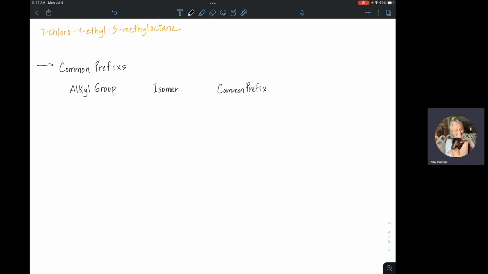So sometimes when we're naming functional groups, it'll be like, hey, the common name for this is this. The systematic name for it is something else. Sometimes you can be like, hey, I have an alkyl group that has a constitutional isomer, and I'm going to name this systematically, or in other words, I'm going to use IUPAC nomenclature, but I'm going to go ahead and use the common prefix, even though that has a different set of rules. And that's okay. It's been generally accepted that that's totally fine.